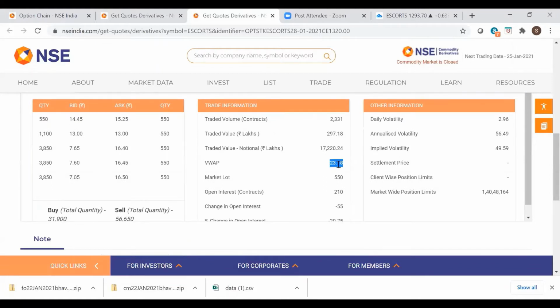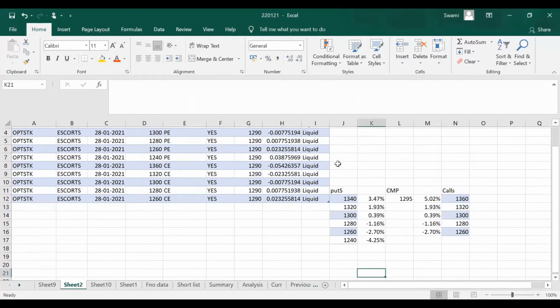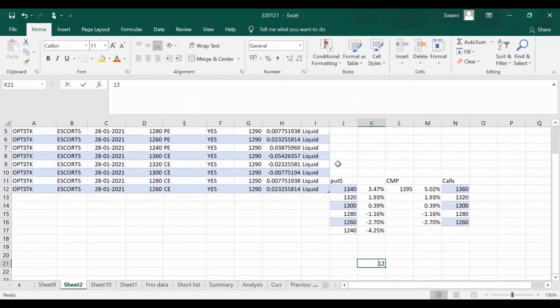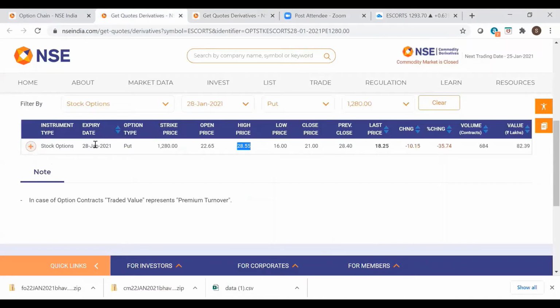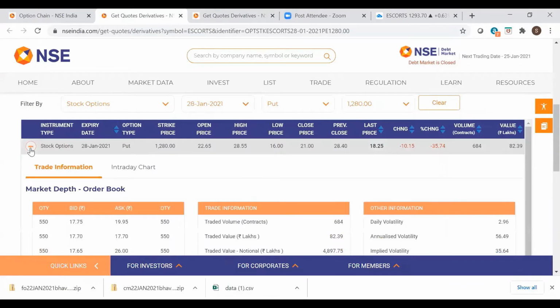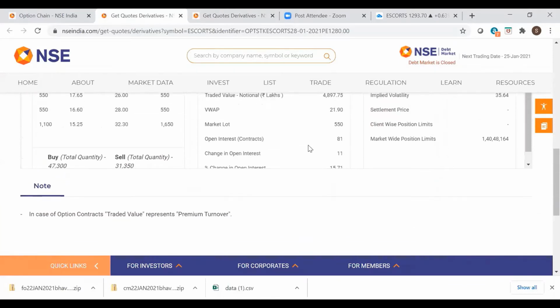So the average traded price of the 1320 call is 24, and the average traded price of the put here is 22.